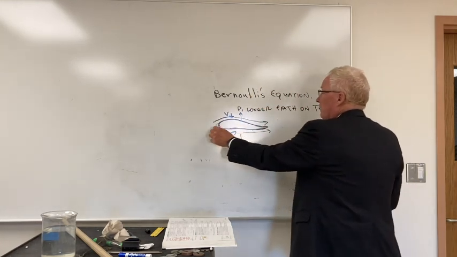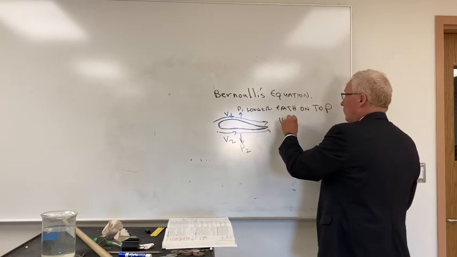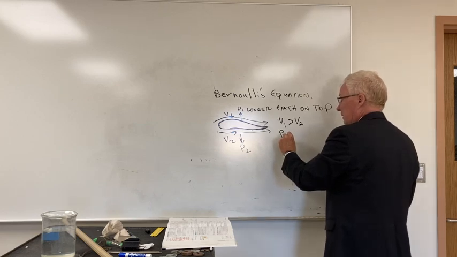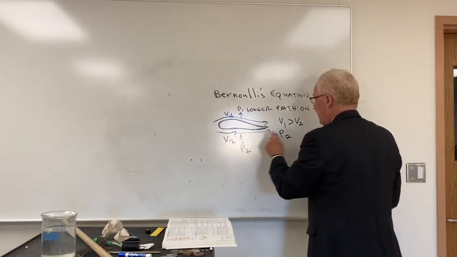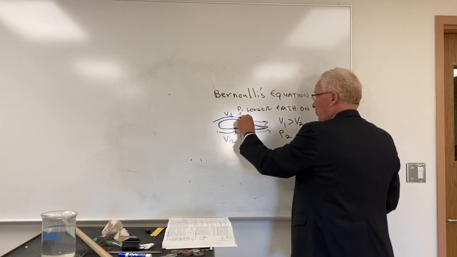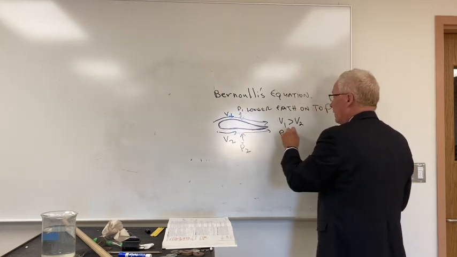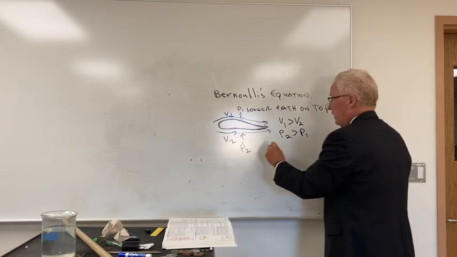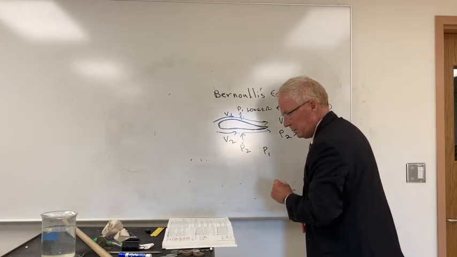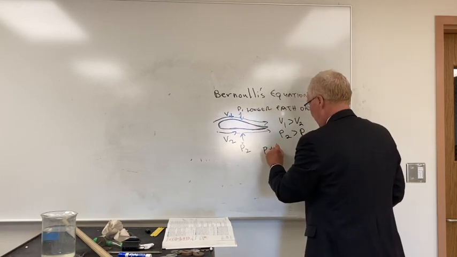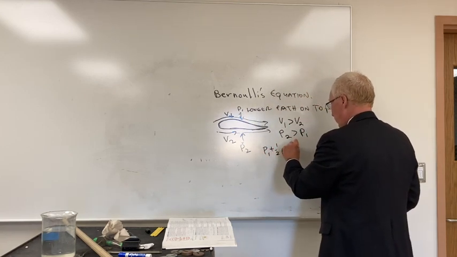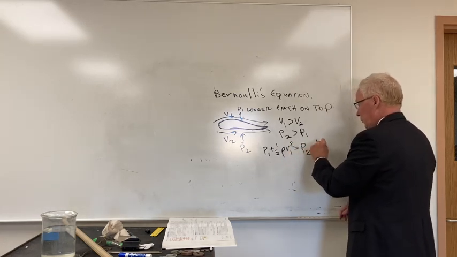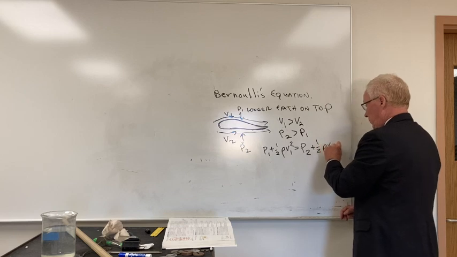V1 will be greater than V2, and P2, the pressure under the wing, will be greater than P1. And we can write this down as an equation: P1 plus 1/2 rho V1 squared is equal to P2 plus 1/2 rho V2 squared.